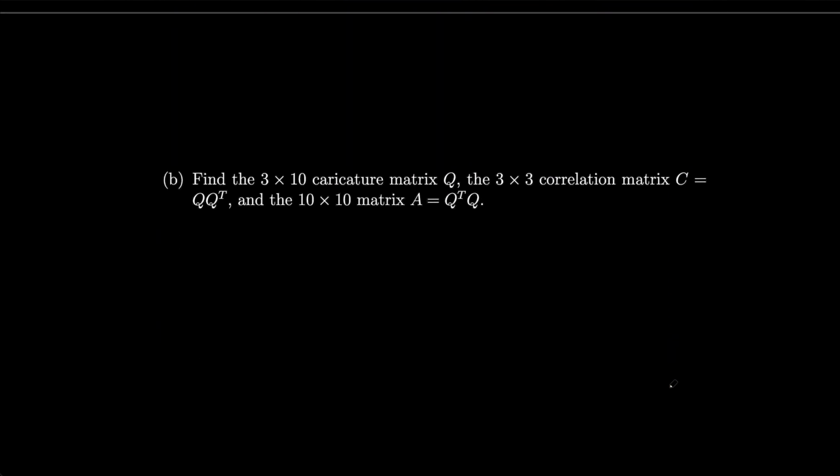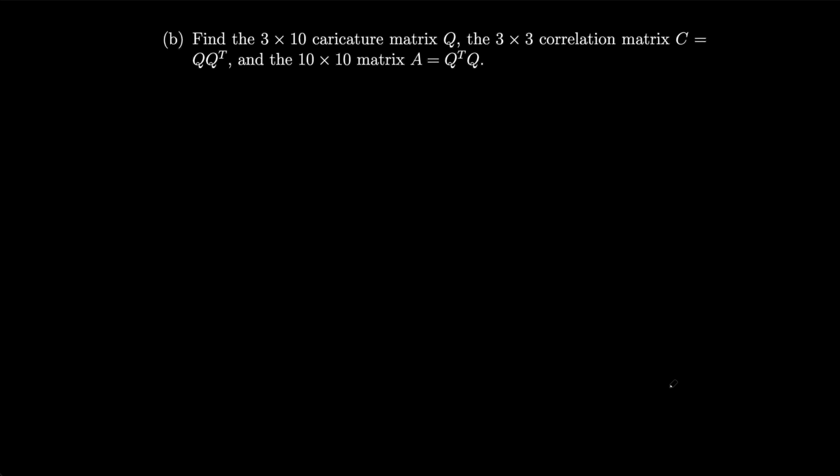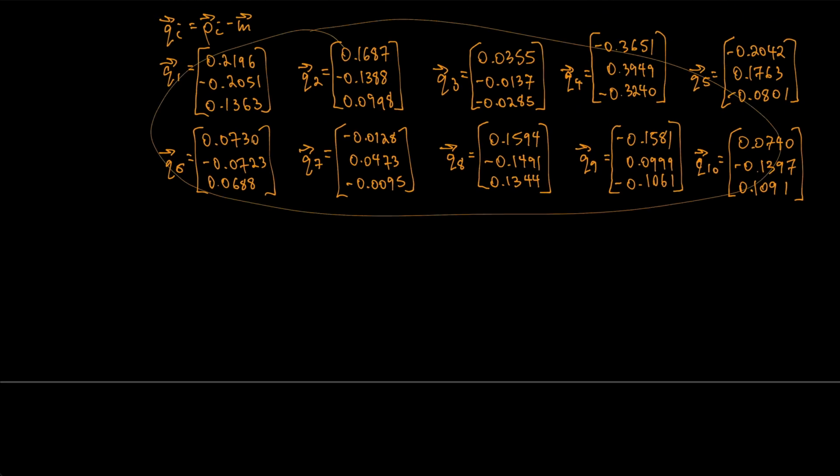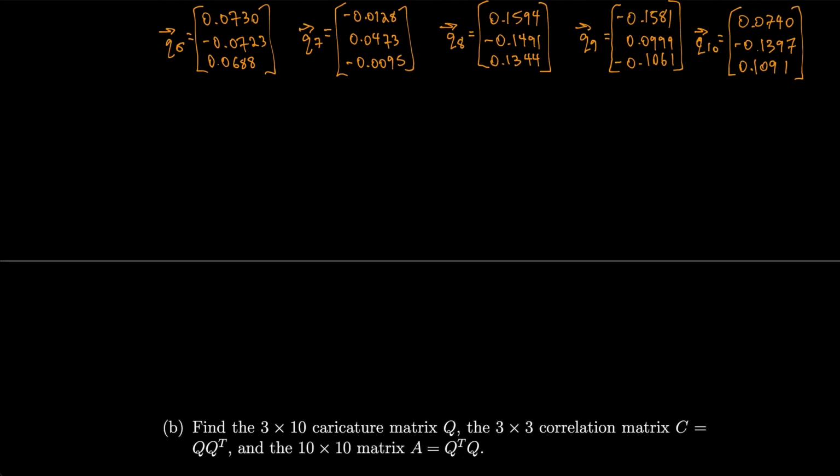What we have to do next is find the 3x10 caricature matrix Q, the 3x3 correlation matrix C, given by Q times Q transpose, and the 10x10 matrix Q transpose Q. So Q is just the matrix that's built out of each of these vectors as a column.